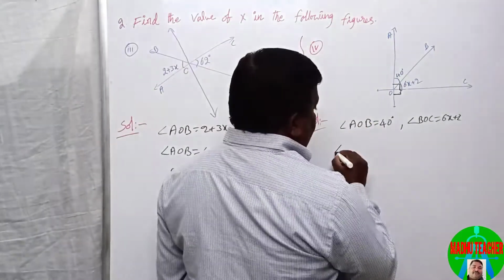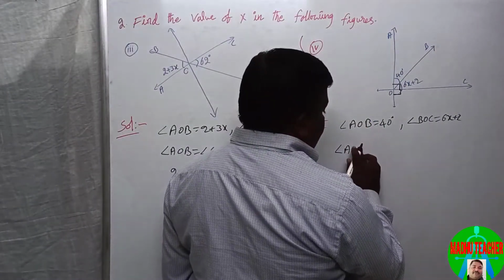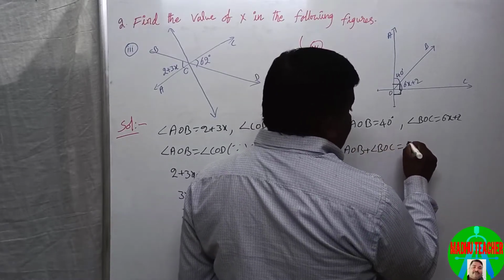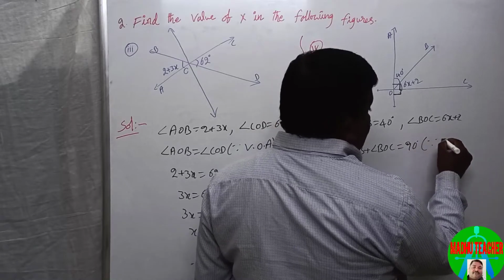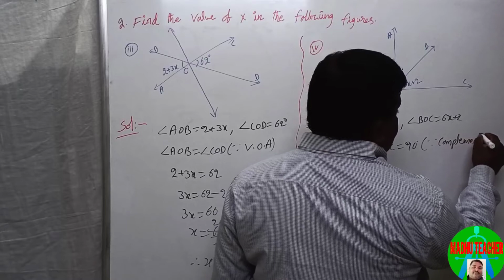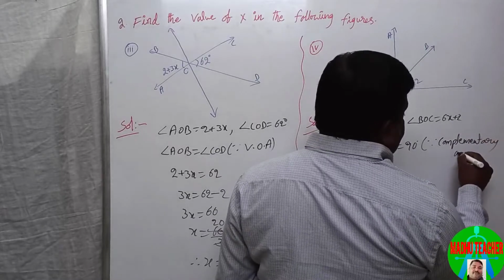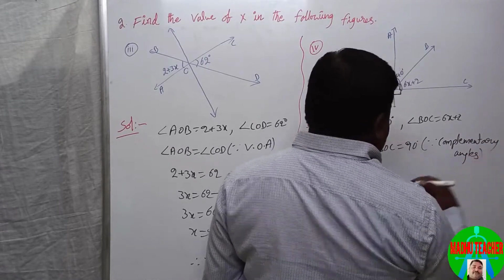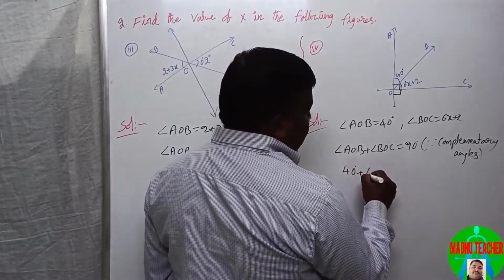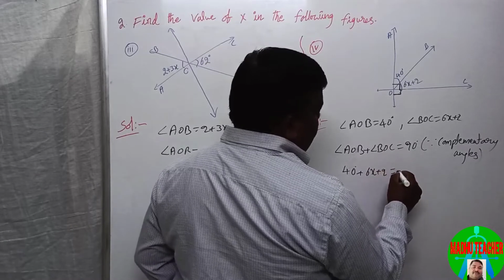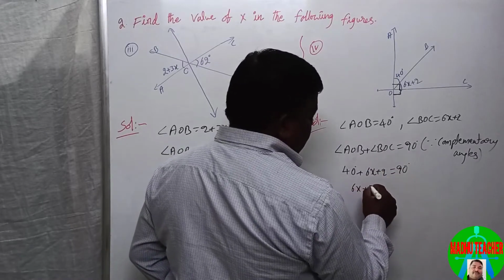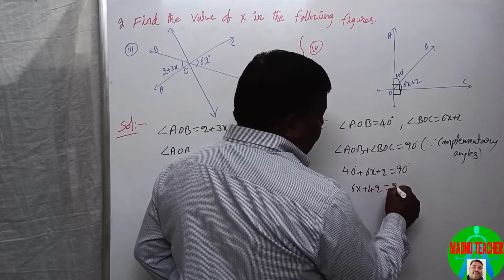That means these two are complementary angles. So angle AOB plus angle BOC equals 90 degrees, since they are complementary angles. Here angle AOB is 40 degrees plus BOC is 6x plus 2 equals 90 degrees. 40 plus 2, 42, equals 90 degrees.